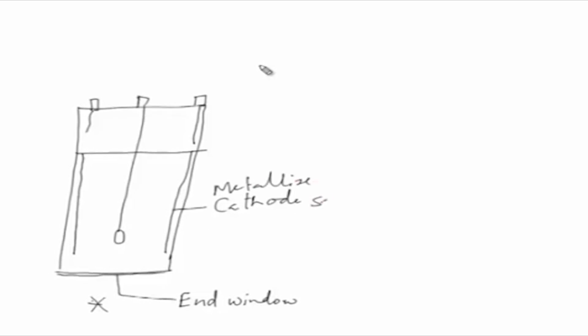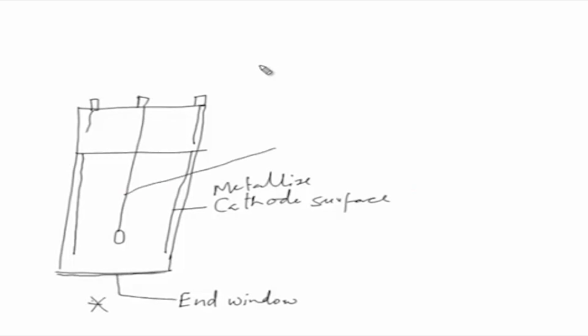Now, if you say this is the end window here, and your sample will be placed somewhere here, which is your radioactive sample. This is the cathode, which is the metallized cathode surface.